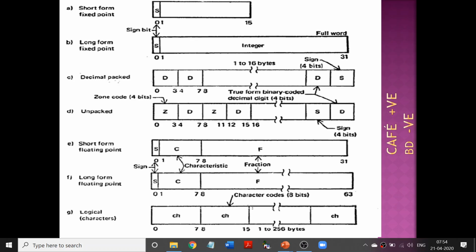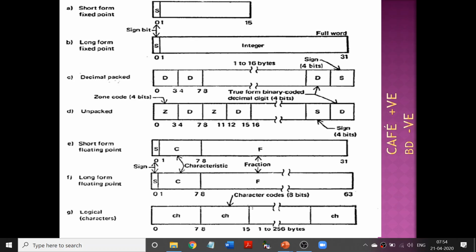Yes. So long form floating point number. Floating point itself means it has two parts: one is the character part, the other one is the fractional part. The only difference between short form floating point and long form floating point is the size. The first is going to be 32 bits, the second one is going to be 64 bits, but you can see the format doesn't change.